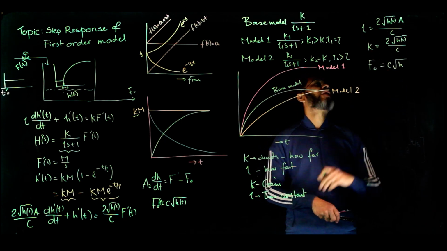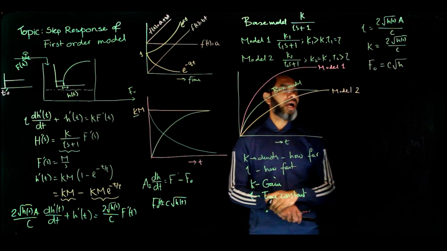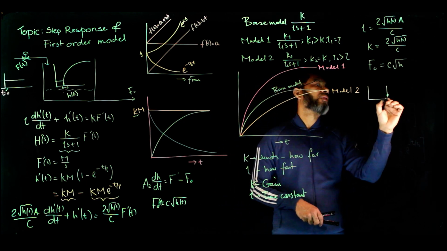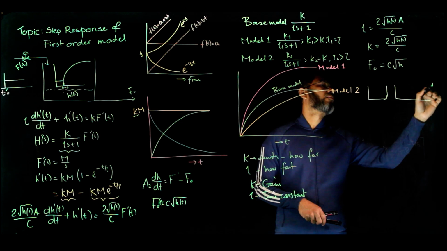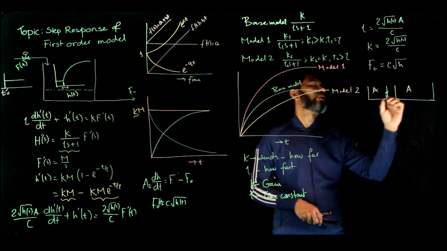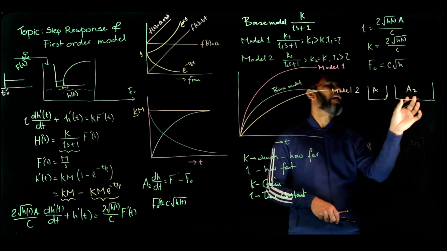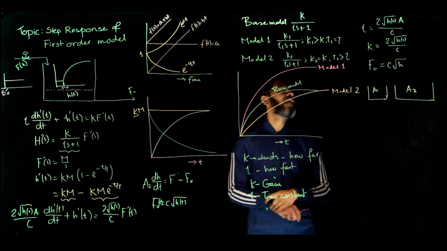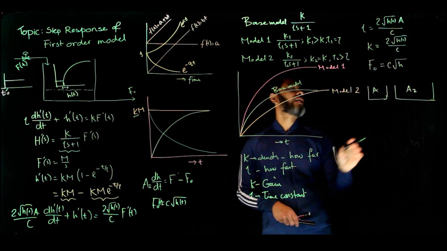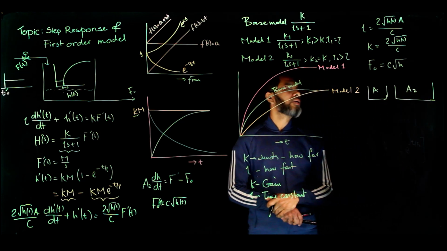Okay, so simply if the area is higher, the tau is higher. So if we have two tanks, suppose for this one, this is our base case, and for this one we had A2, where A2 is higher than A, that would result in a higher value of tau, meaning that the change in this tank will be slower.